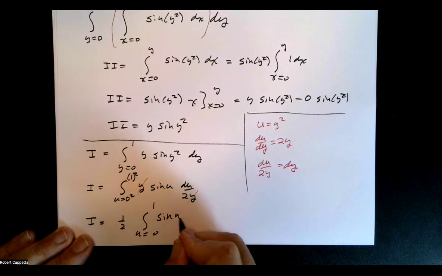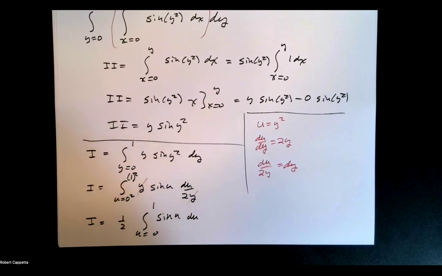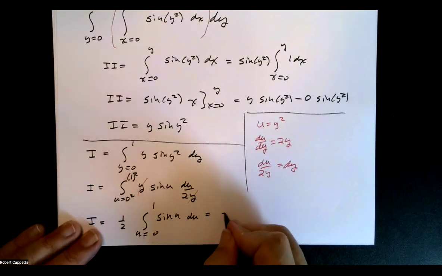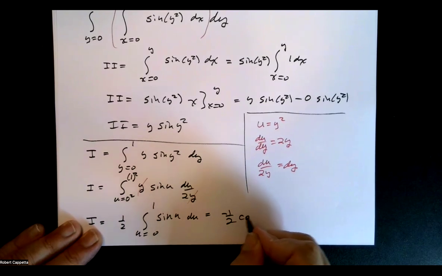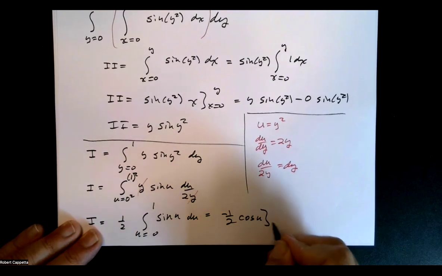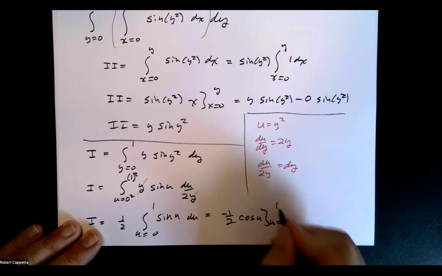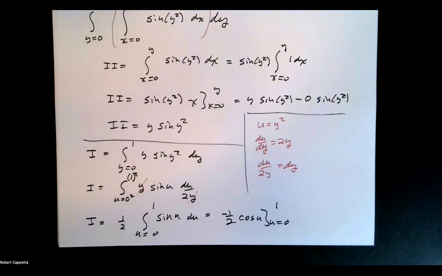I prefer to change the endpoints as we go through this. The antiderivative of sine u is negative cos u. So my antiderivative is negative 1/2 cos u, evaluated as u goes from 0 to 1. What will that be?